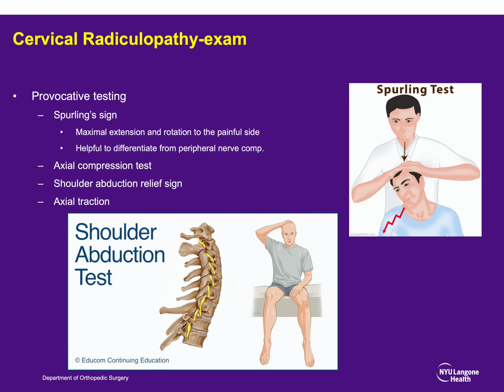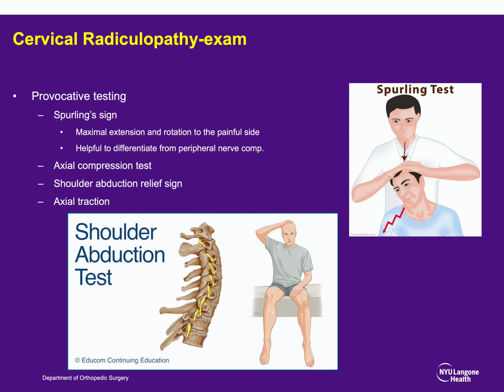Physical examination of the patient with cervical radiculopathy includes performing the Sperling test, which is demonstrated on the slide. Axial compression can also increase their pain. The shoulder abduction relief sign is depicted on the slide.